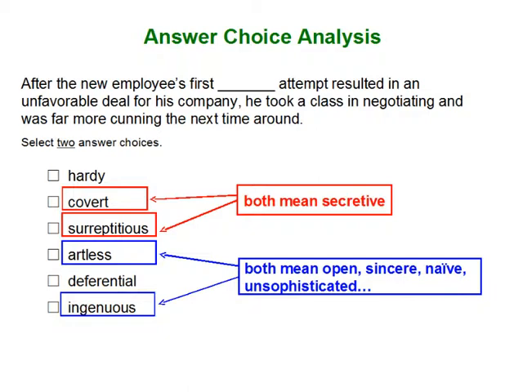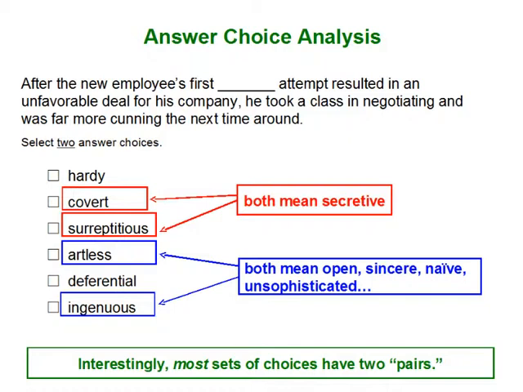So notice that there are two pairs of words, and then hearty and deferential really have no connection to one another whatsoever. So what we're going to see is that in the vast majority of GRE sentence equivalence problems, most of them have two pairs of choices.